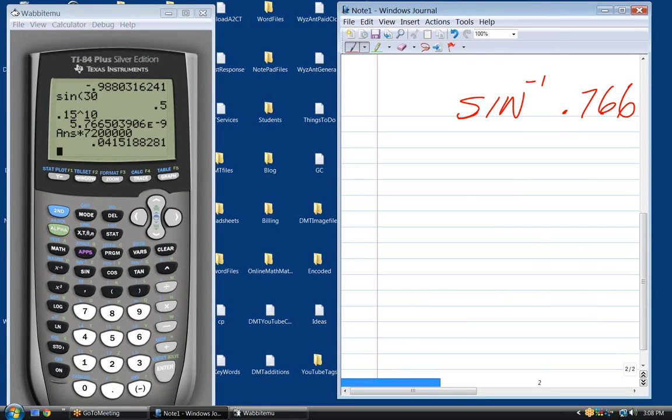Okay. So, if we want to take the inverse sine, hold on a moment. The one problem with this thing is that I can't quite read the keys.